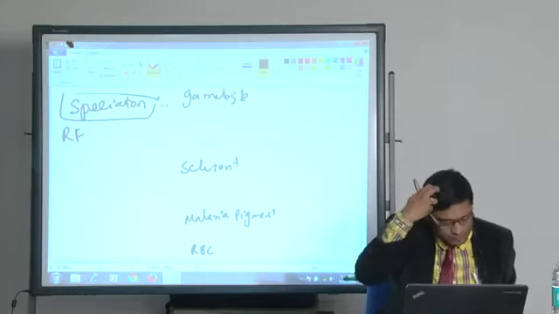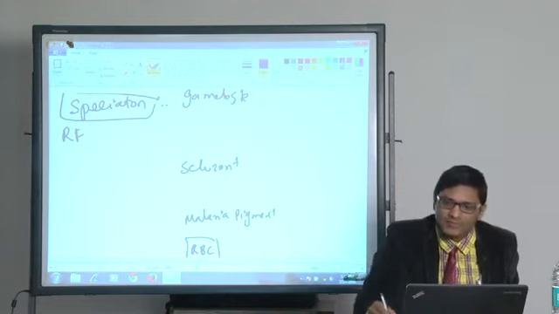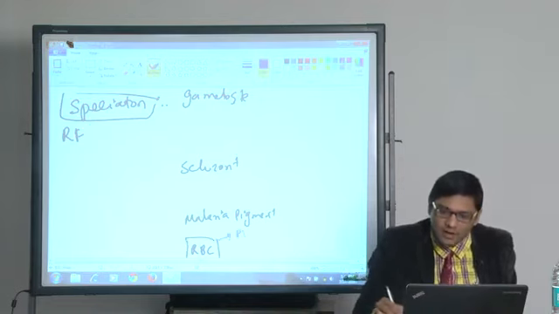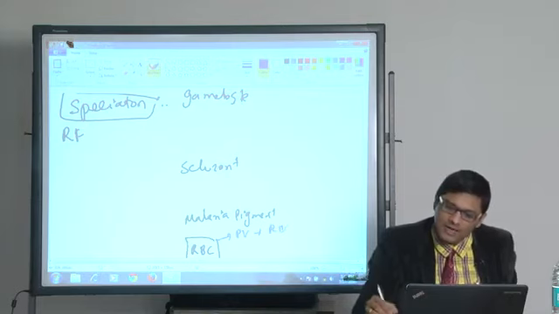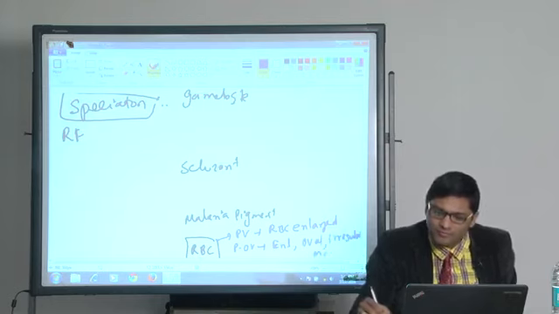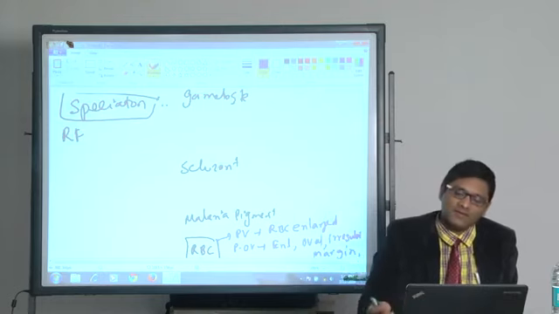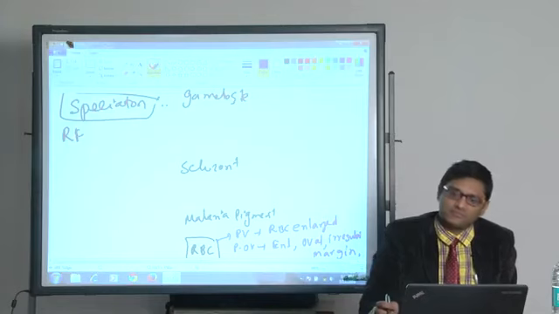For Plasmodium vivax, RBC is enlarged. For ovale, RBC is enlarged, oval in shape and having an irregular margin.